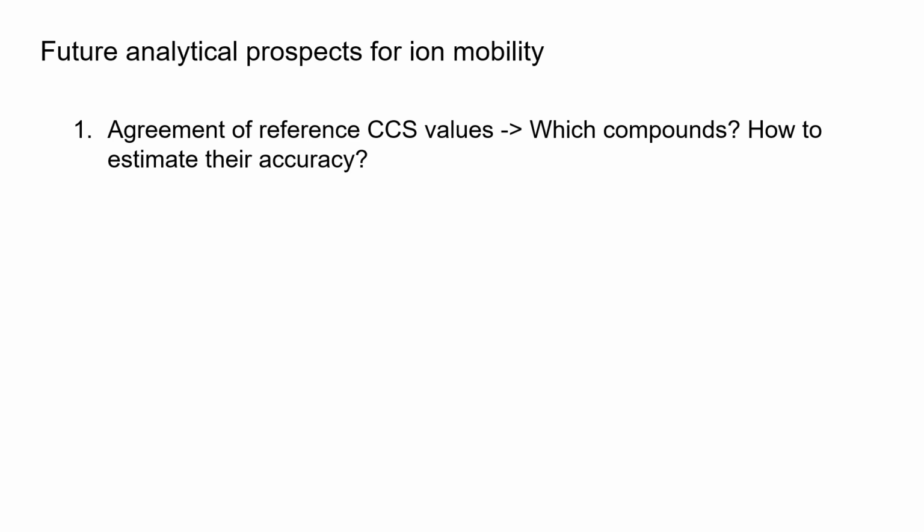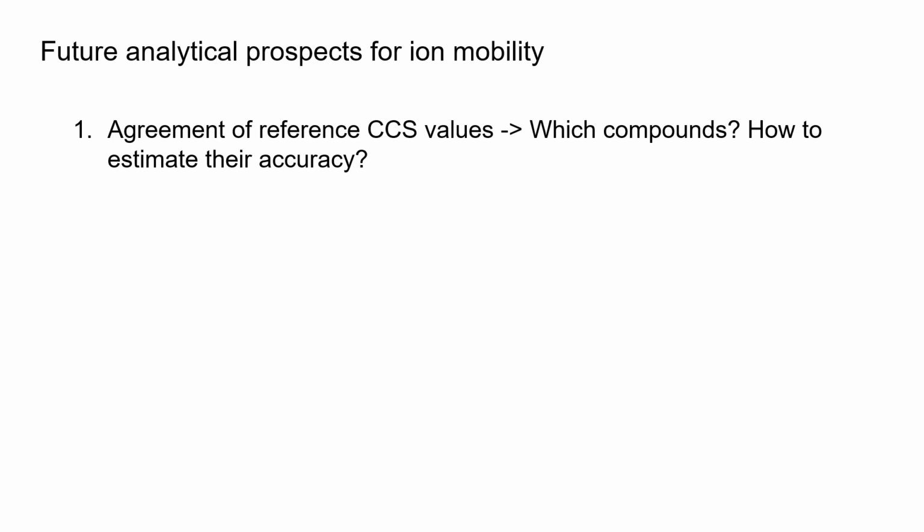The only strategy could be repeating the analysis of a selected group of analytes a number of times in as many labs as possible over a range of commercial and non-commercial drift tube instruments using the step field method under highly controlled conditions to lower the experimental uncertainty as much as possible, and thus derive the CCS using the fundamental low field equation and determine the reference CCS values as the mean from this proficiency test, which could be taken by convention as the true value.